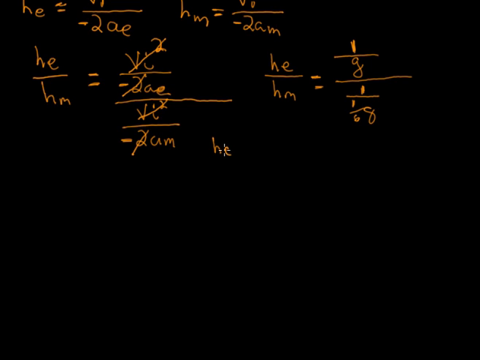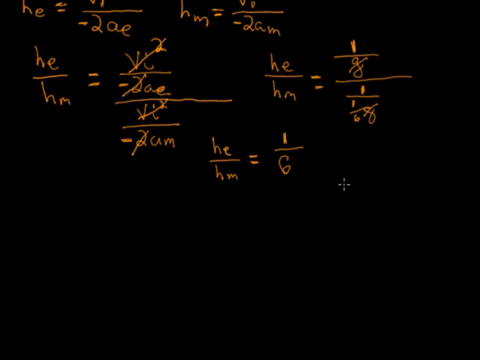So he over hm equals, and so these g's cancel because they're both in the denominator, and this becomes 1 upstairs because the g's cancel, and the g canceling here gives 1 over 1/6, or 6 in the denominator.